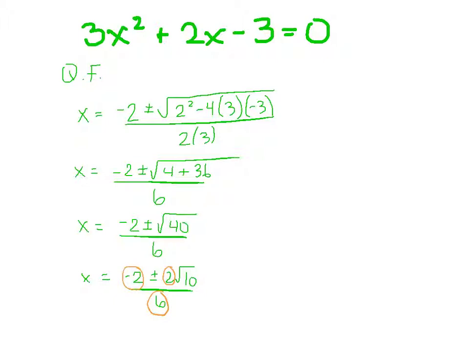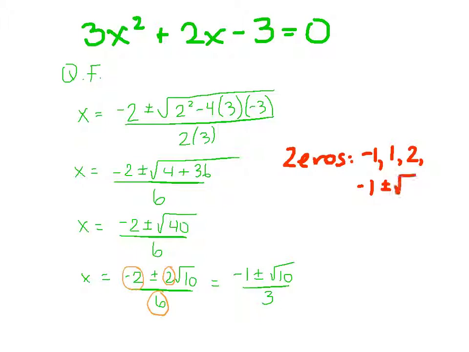They can all be divided by 2, giving us -1 plus or minus radical 10 all over 3. So here are the rest of your zeros. We had zeros at -1, 1, 2, and then we also have -1 plus or minus radical 10 over 3.